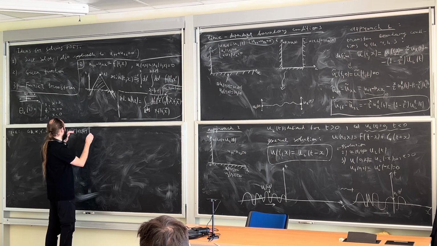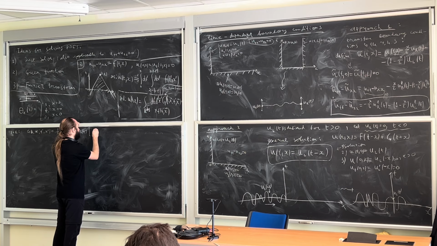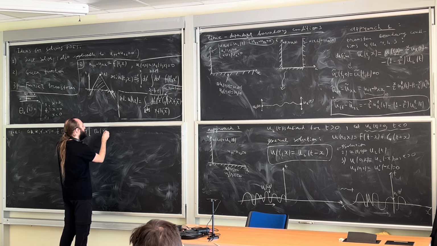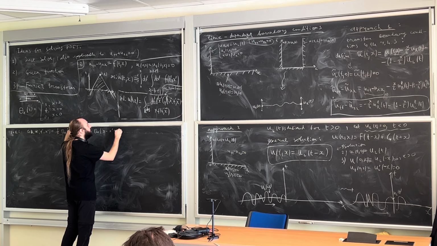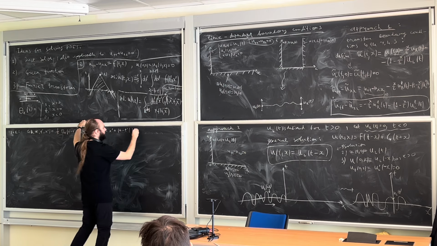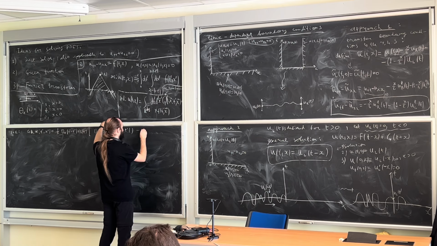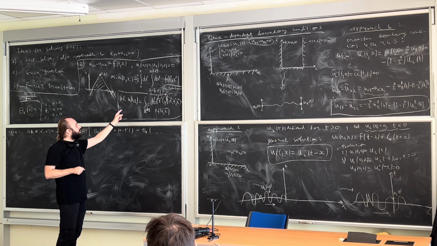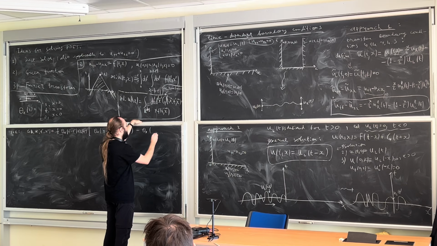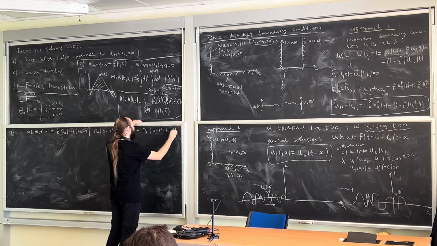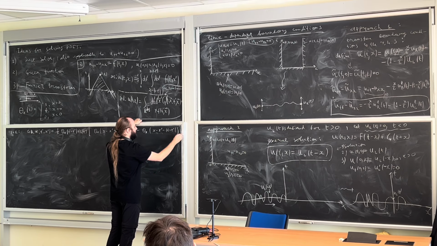And then also 1/2, times Heaviside theta of x minus x' plus t minus t', minus Heaviside theta of x minus x' minus t minus t'.